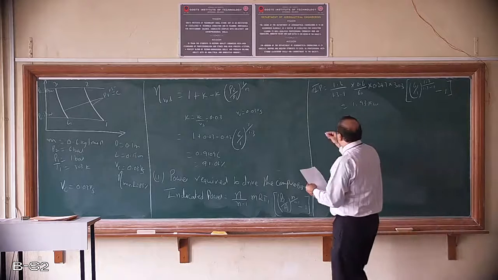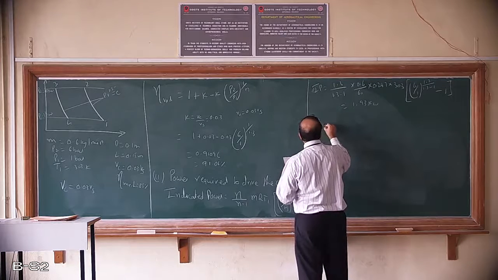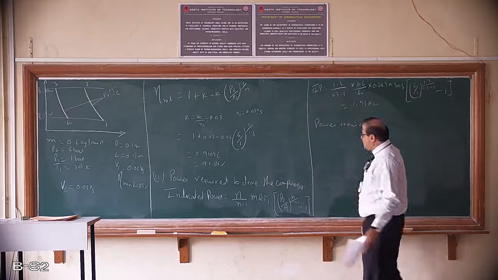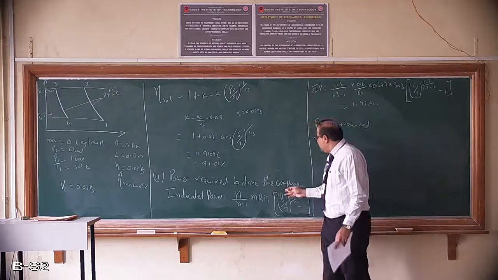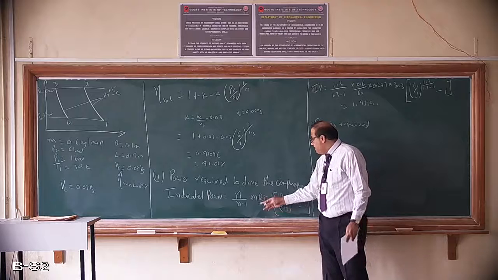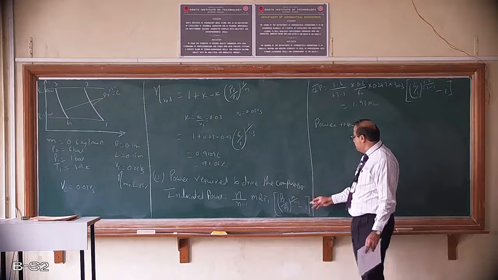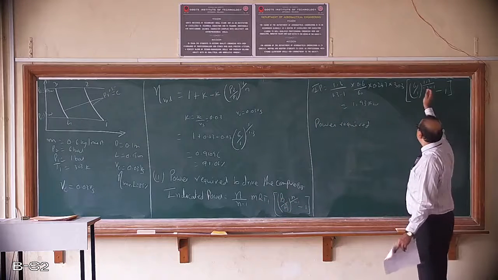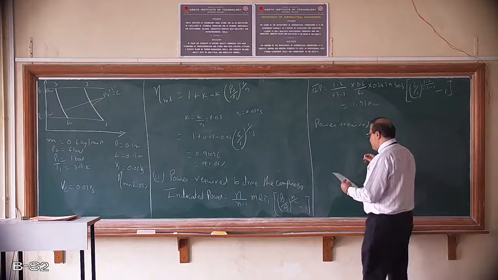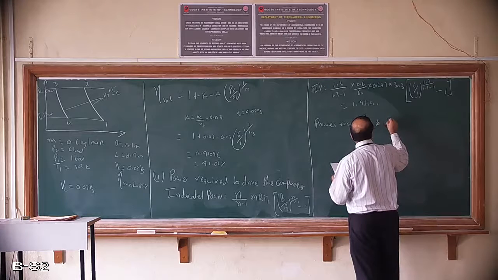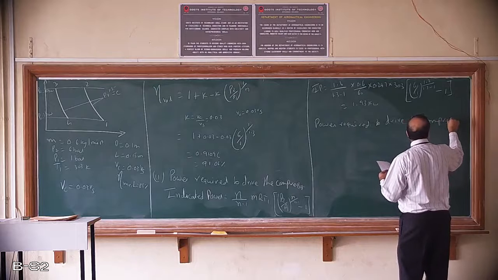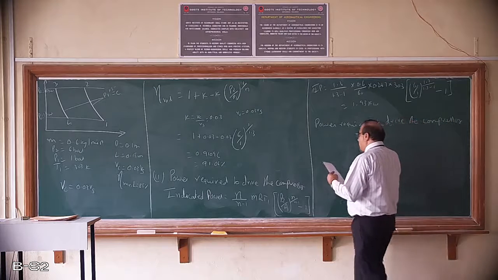So what I have done here is, first, the power required to drive the compressor we need to calculate. The indicated power is the theoretical power, n by n minus 1 m R T1 into [(P2 by P1) to the power of (n minus 1) by n minus 1]. You can substitute all the values and get the result. The power required to drive the compressor is BP.